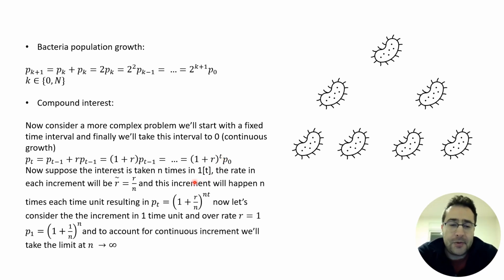So what we will get is the following formula. And as mentioned before, to account for the bacteria population growth, we take R to be 1 and T to be 1. So we end up with this expression, this sequence.